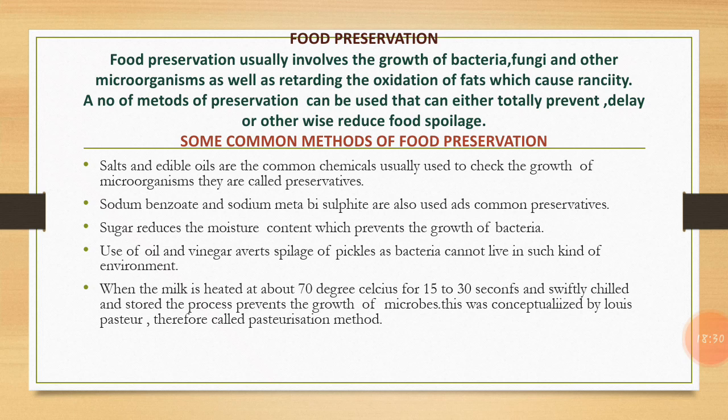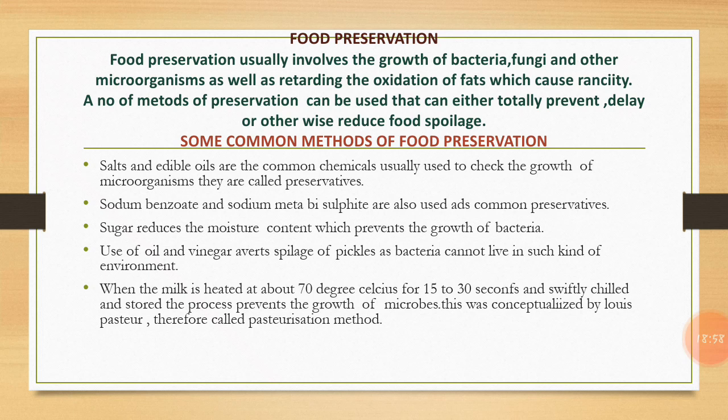Next is when milk is heated at about 70 degrees Celsius for 15 to 30 minutes, then swiftly chilled and stored. This process prevents the growth of microorganisms, and it was conceptualized by Louis Pasteur. Therefore, it is known as the pasteurization method.